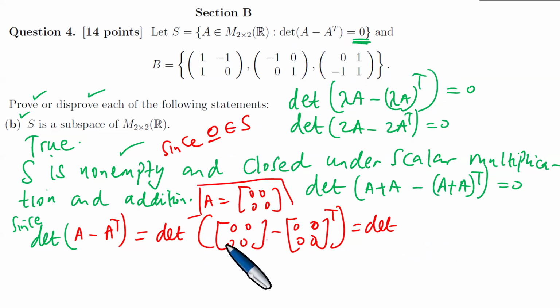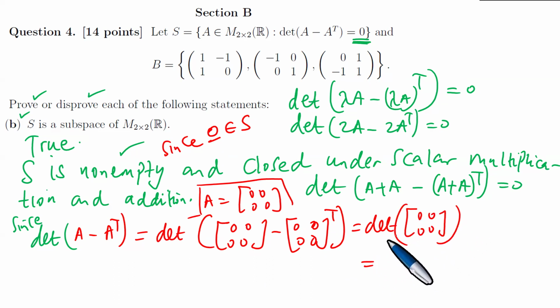The transpose of the 0 is 0, and the 2 by 2 zero matrix minus the 2 by 2 zero matrix is still 0. Zero matrix minus itself is 0, and therefore the determinant of this is 0. So indeed it is true that S is not empty since the zero vector is there. Not empty means at least there must be one element, the zero vector. You know, because what is the smallest vector space?